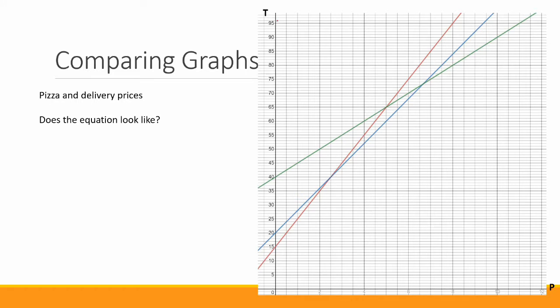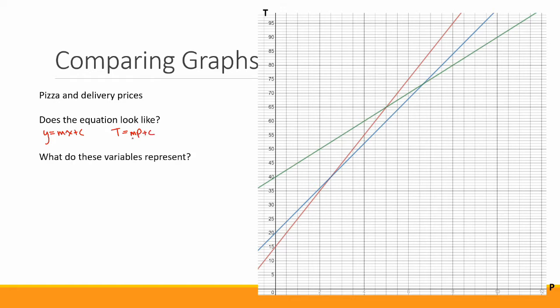Now we need to remember, what do the equations for each of these lines look like? So the general linear equation is y equals mx plus c. And in this case, I'm actually going to rewrite it because we have a t for our y-axis and a p for our x-axis. So we could write this as t equals mp plus c.